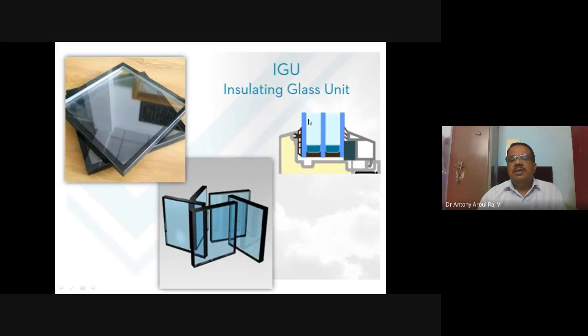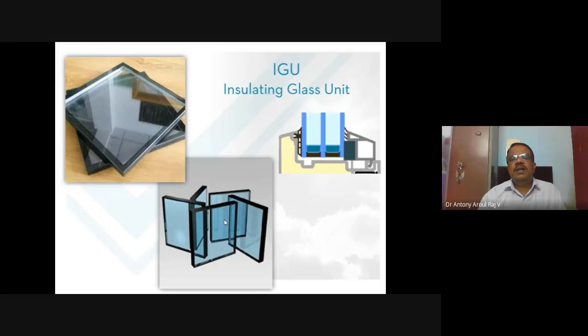One system like this, two glasses with intermediate air, is called single paned glass. Here what is shown is the double paned system, that means one air gap and one more air gap. The glass will look like this, and you just take it and put it in your window.